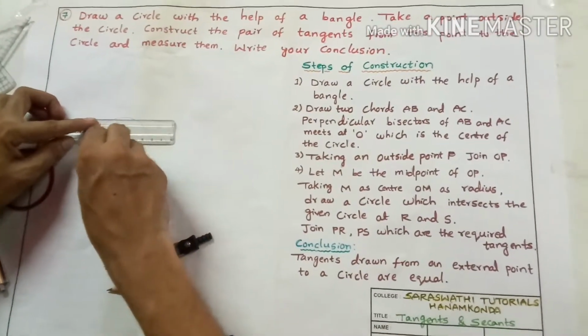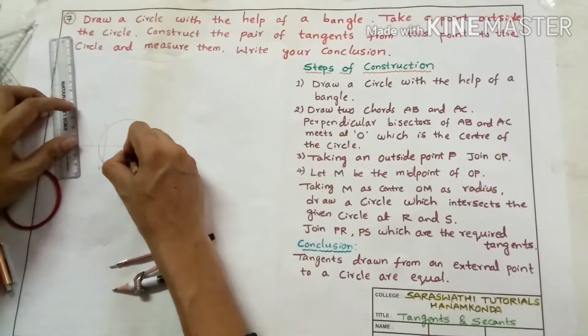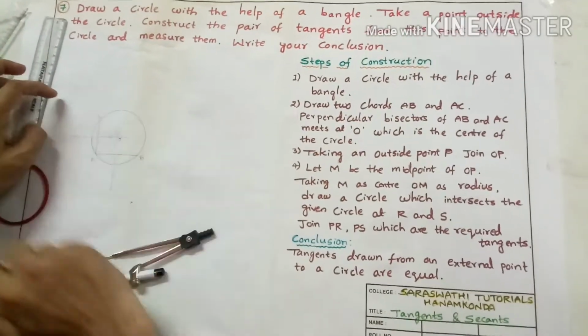This is the perpendicular bisector to the line AB, and similarly draw the perpendicular bisector to AC, taking more than half. These perpendicular bisectors meet at point O. So this O is the center of the circle which we have drawn using a bangle.